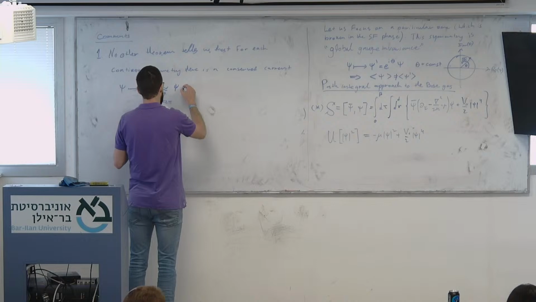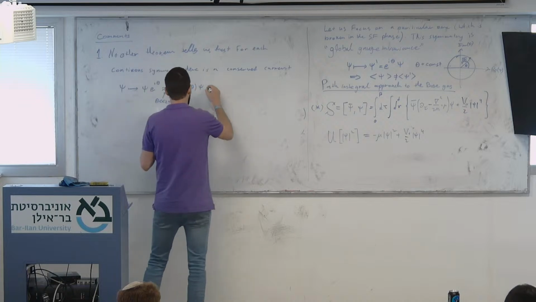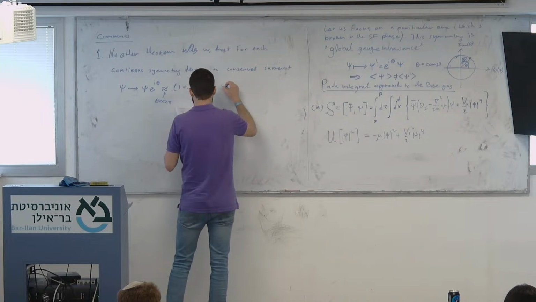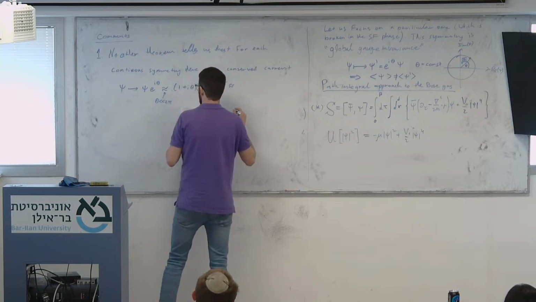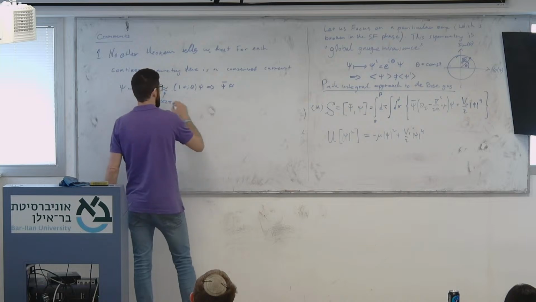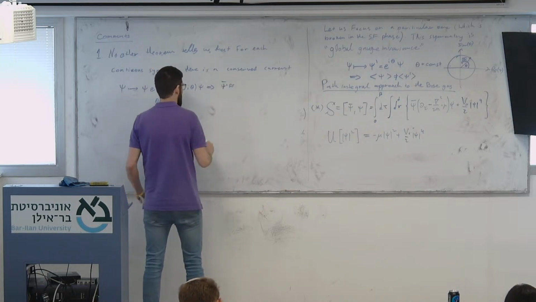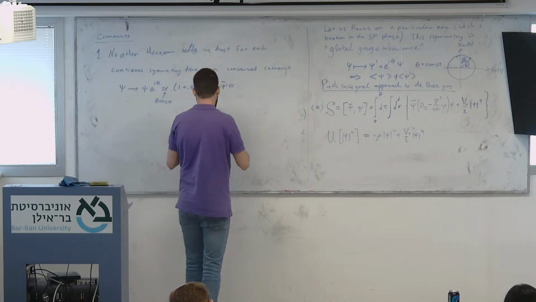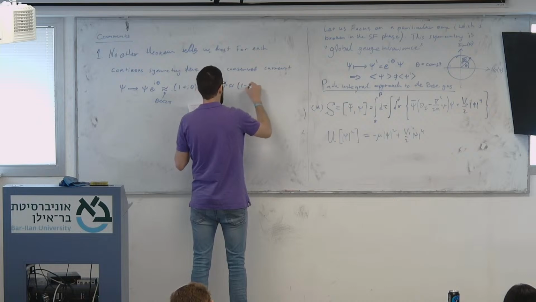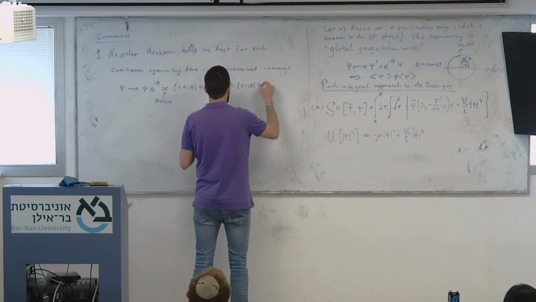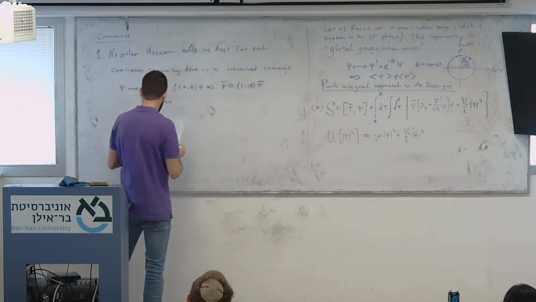Psi prime is something like 1 plus i theta psi, and therefore psi prime bar is 1 minus i theta psi bar.